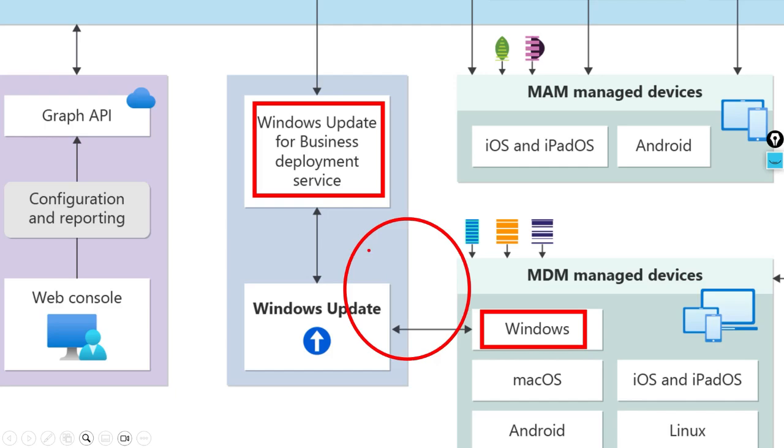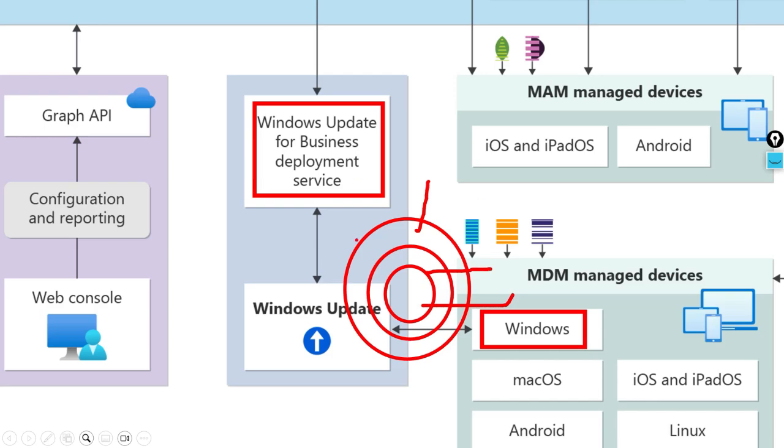For example, the first ring is your IT admins. The second ring is maybe your pre-production devices, and the third ring is where your production devices come into the picture. That is how the ring based solution given by Microsoft deploys Windows updates and checks how your environment is secured.